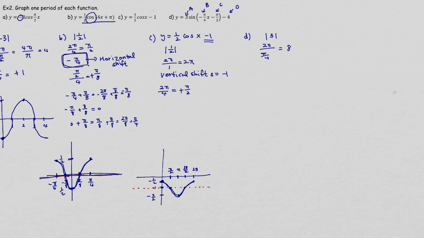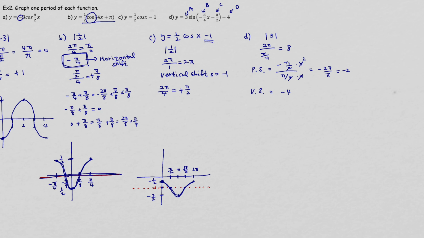And the horizontal shifting is going to be negative pi over 2 over pi over 4, which, if we multiply by 4 on both sides to get rid of the denominator, is negative 2 pi over pi, which is negative 2. And then the vertical shifting is going to be negative 4.